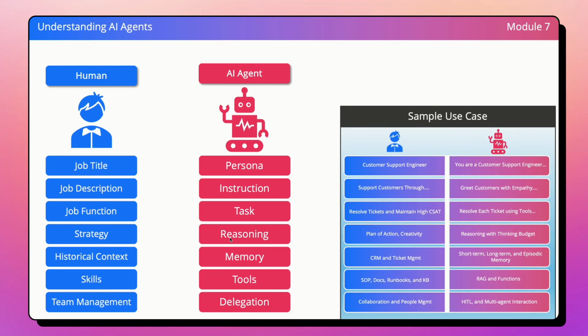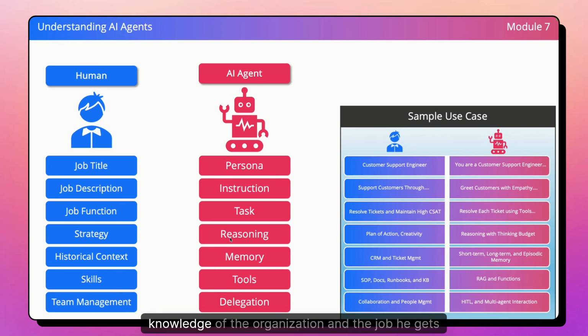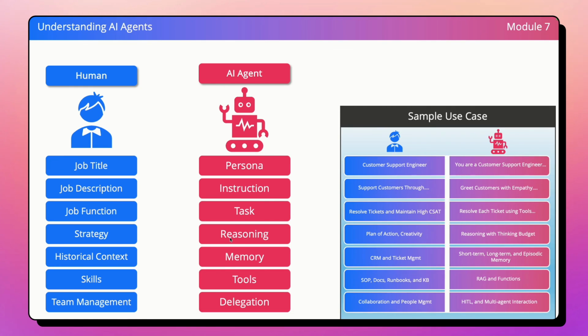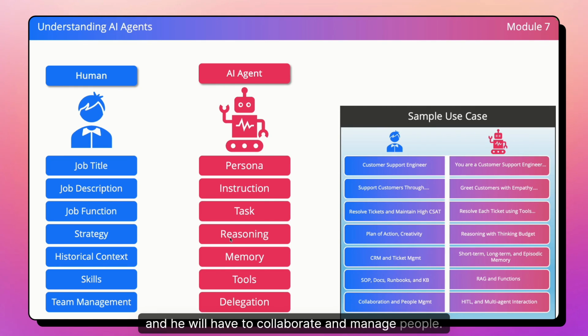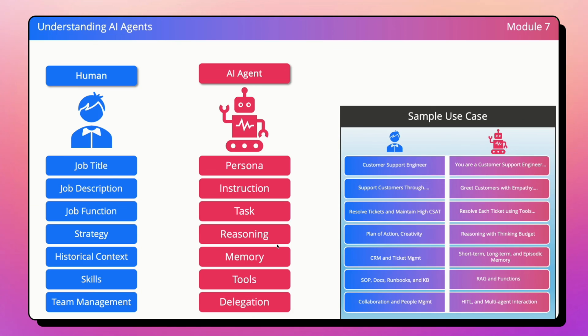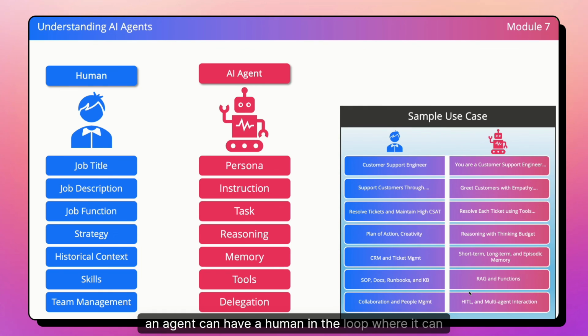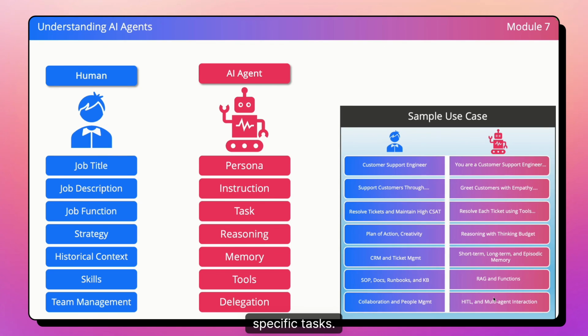And finally, as the knowledge worker gains more understanding and better knowledge of the organization and the job, he gets promoted and he will become a team leader and he will have to collaborate and manage people. Similarly, an agent can have human in the loop where it can perform delegation, or it can have sub agents to perform specific tasks.